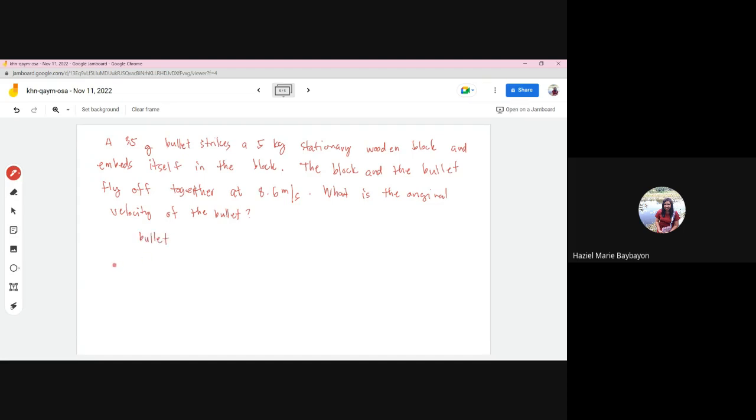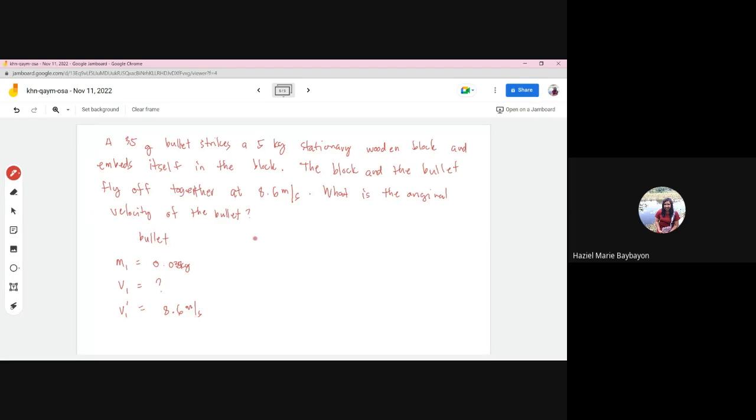For the bullet, its mass, let's call it M1, equals 0.035 kilogram, so we just divide it by 1,000. And then the initial velocity of the bullet is unknown, we don't know it. Then its final velocity, V1 prime, equals 8.6 meters per second. Okay? So those are the known values for the bullet.